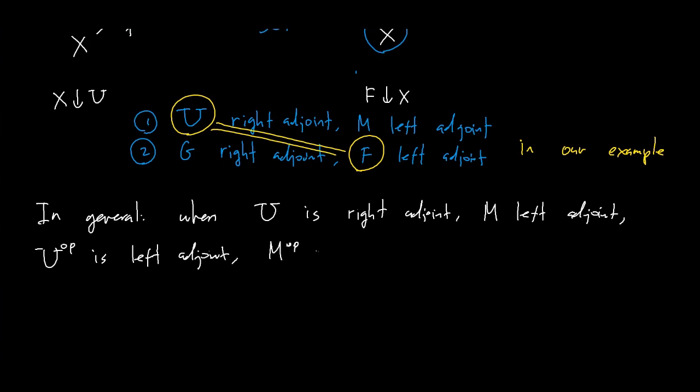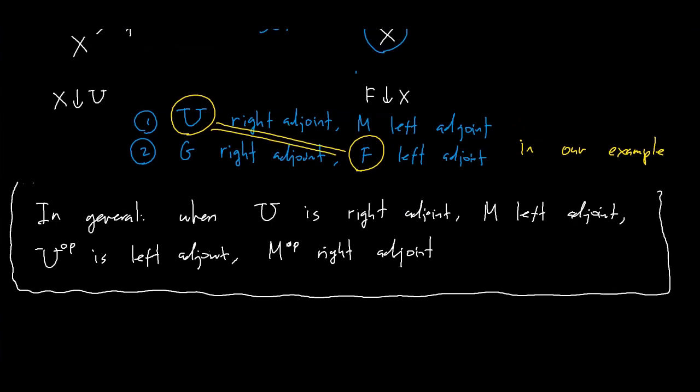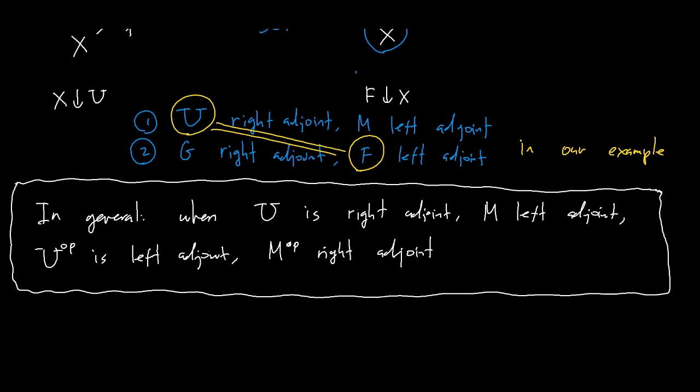And M op will be right adjoint. So this kind of hints at the same idea I said earlier, where I said that there was asymmetry in the way we defined adjunction today. But then I said that, in fact, if we dualize, the roles will swap around.